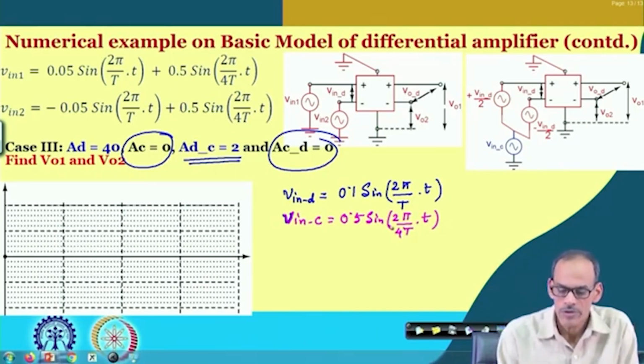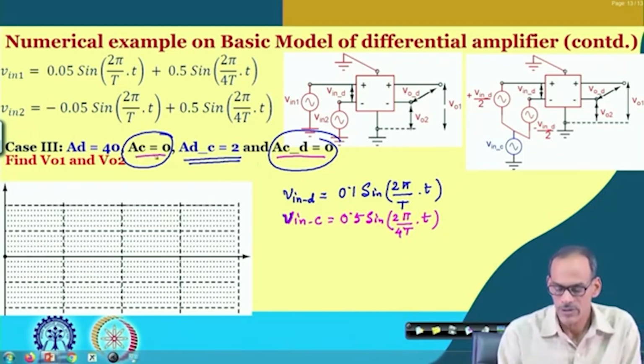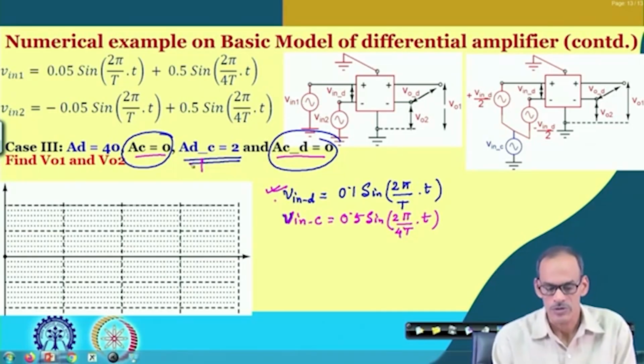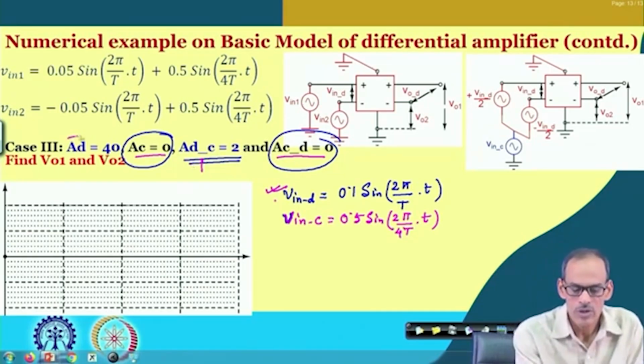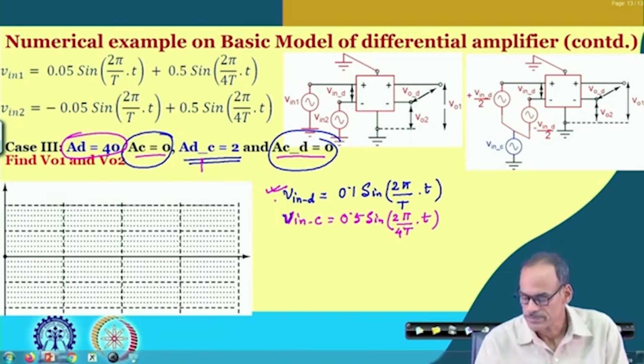Now, this common mode signal is really not having any role to play, because both ACD and AC are 0, but then this differential signal, one part of the differential signal is also appearing as common mode output, but of course, it will also produce a significant amount of differential signal.